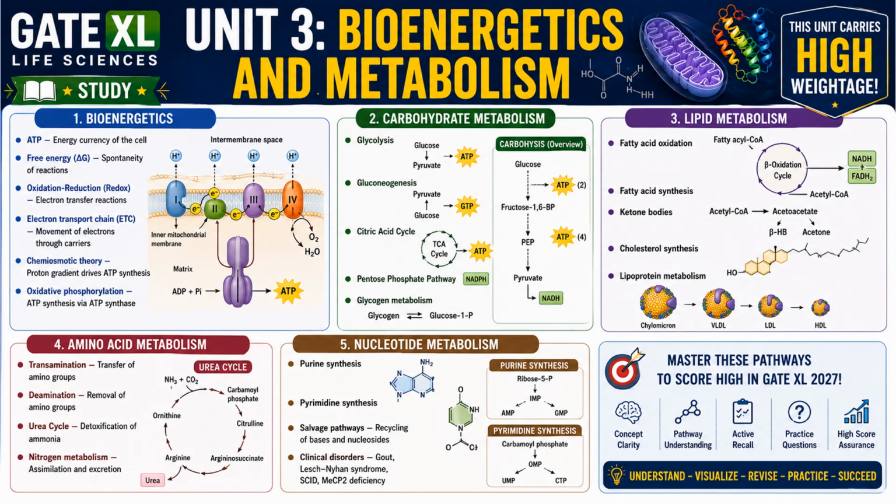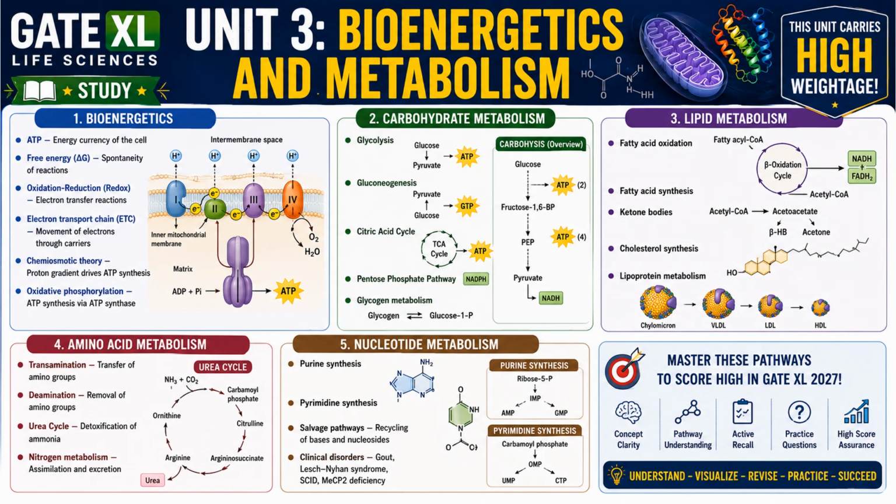These pathways are important, and not only the components, you should also understand the energetics of these pathways, their substrates, their regulations, and metabolic disorders associated with these metabolic processes.